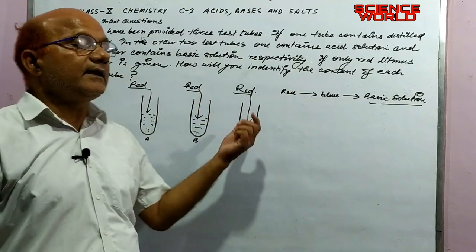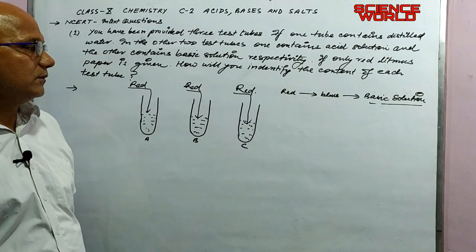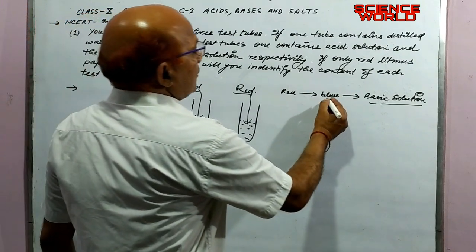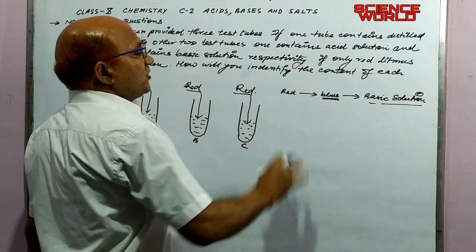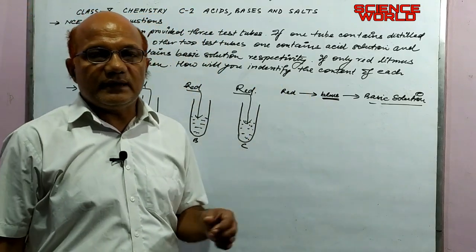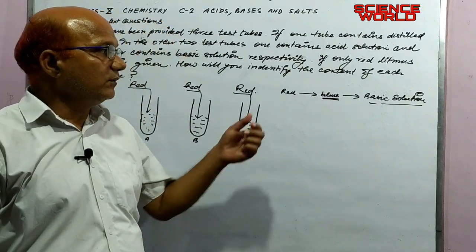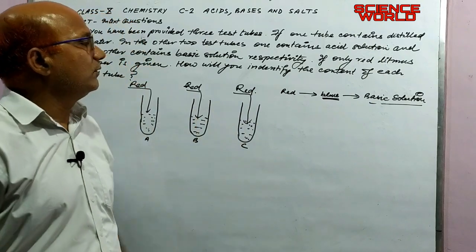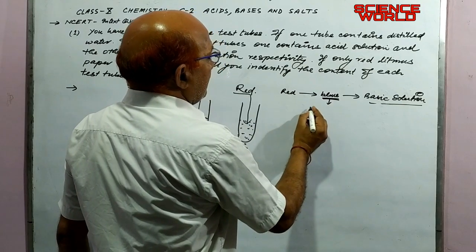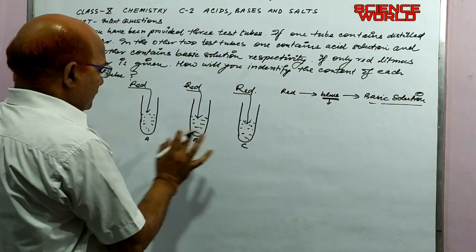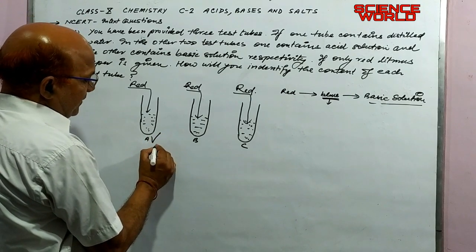It may be in any test tube, and now use this blue litmus, because when red litmus paper is dipped in basic solution, it turns into blue. So, now use this litmus paper. Suppose this test tube contains basic solution.